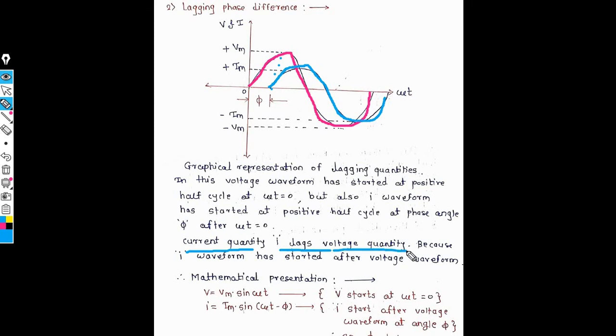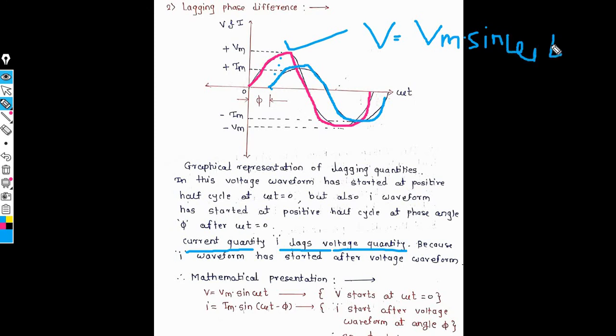Then we have to obtain the mathematical expression. That is, we obtain V is equal to Vm sin omega t. Then we have to obtain the current.